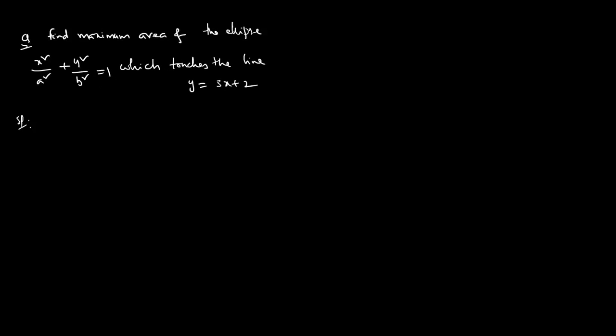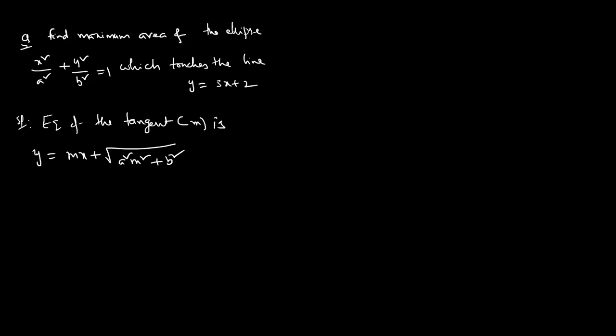So generally, what is the equation of the tangent? In this case, a is always greater than b. Equation of the tangent is, what is the formula, anyone? y is equal to mx plus root over a square m square plus b square.